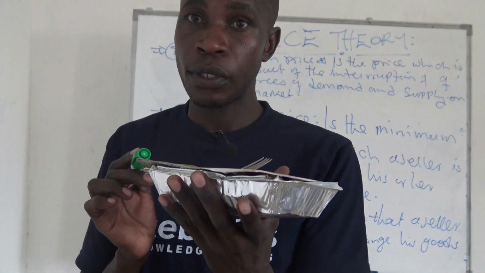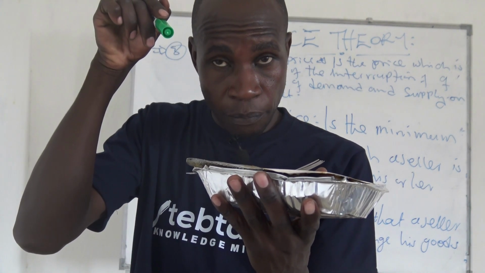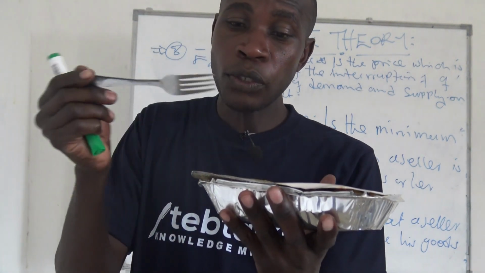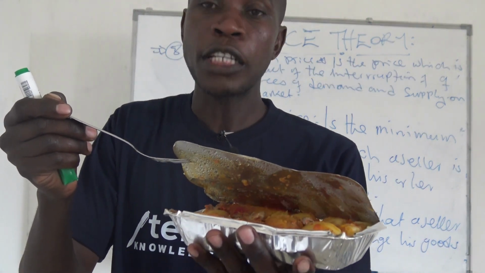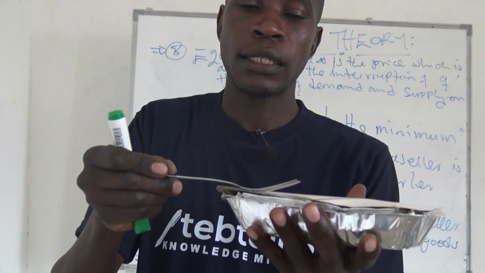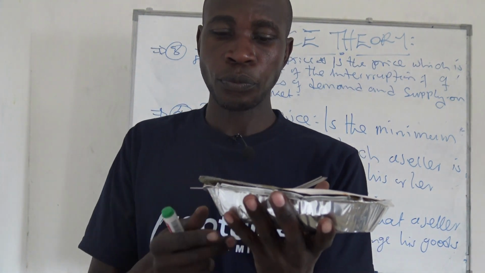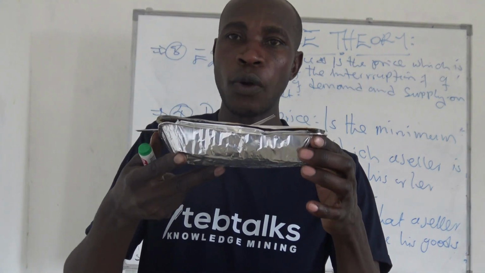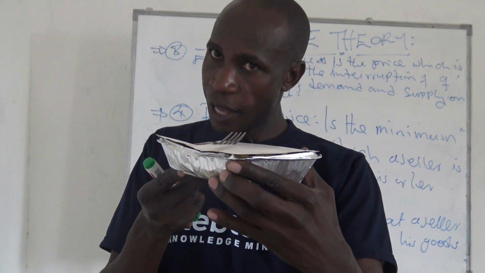Okay? Why? Because, do you remember the definition of price? The exchange value of a product. The seller was valuing this food at that price, and therefore below that price, the value would be at a loss. Therefore, 10,000 was the lowest price a seller could accept to sell this kind of food. Agreed?